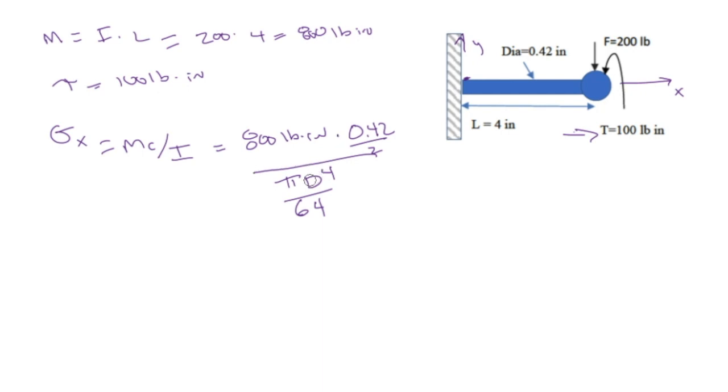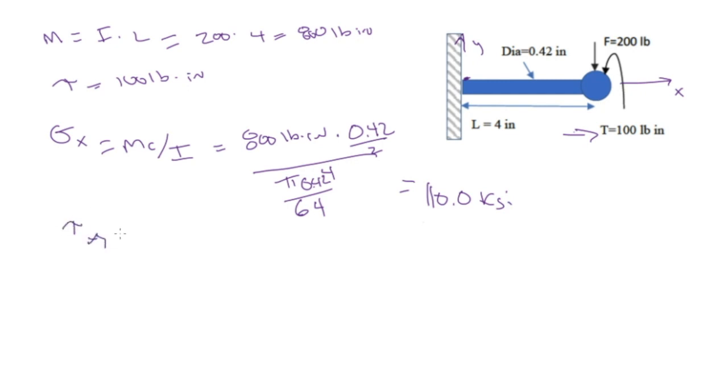And d is again 0.42. So this gives us a stress of, we're going to call it 110.0 KSI.